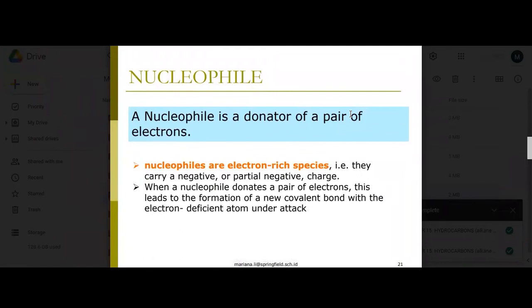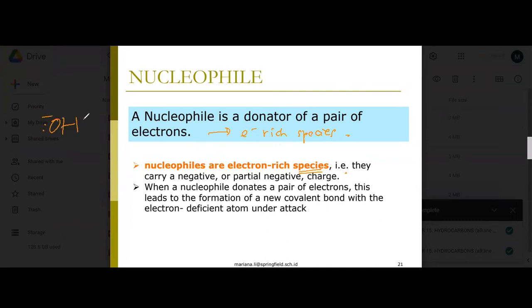A nucleophile is the opposite of an electrophile. A nucleophile is a donator of a pair of electrons. So it is an electron-rich species. The requirement for a species to be a nucleophile is that it should have a lone pair. It can be a negative ion, such as OH minus, for example.